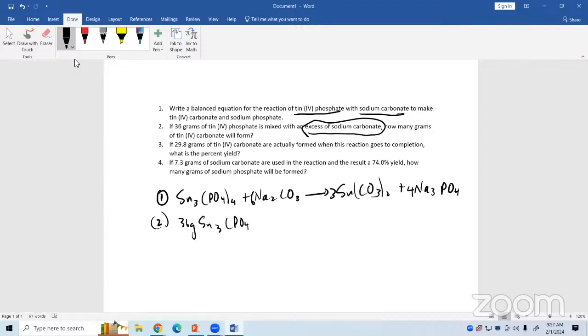Sn3(PO4)4, and we have to convert that to moles. So that means we need a molar mass. So I'm going to put 1 mole of Sn3(PO4)4. And then over here, I'm going to determine the molar mass of that compound.